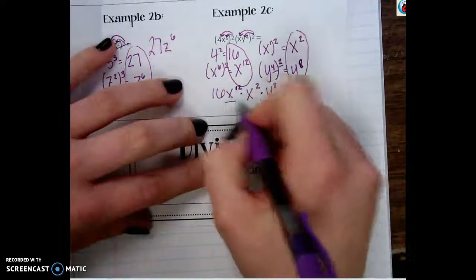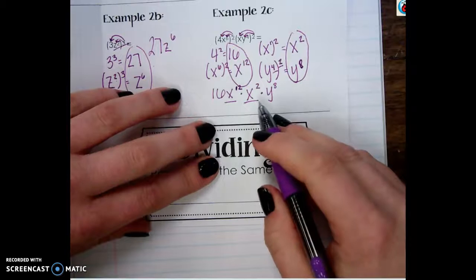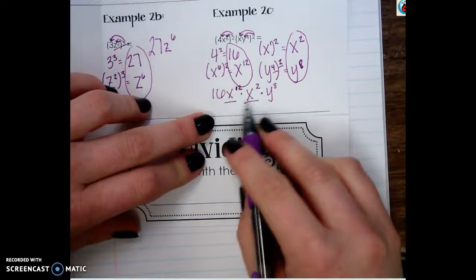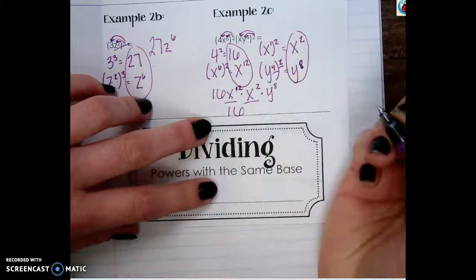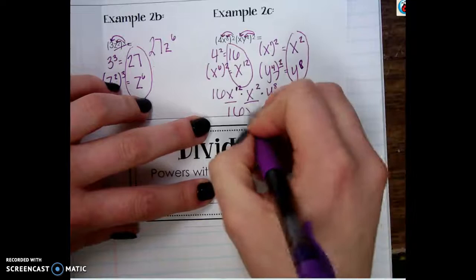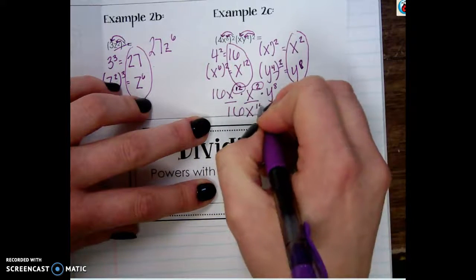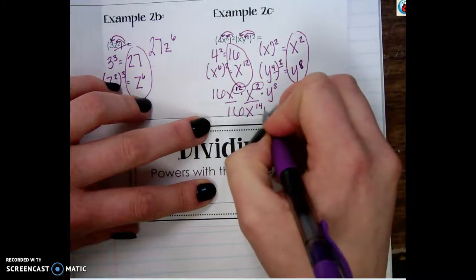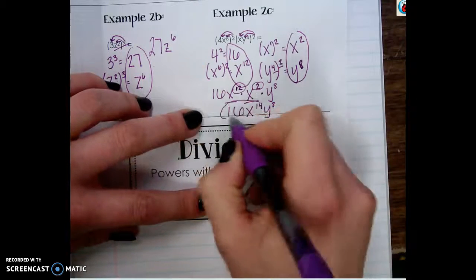Well, now we're going back to what we originally did, the multiplying rule. Our multiplying rule, or the product rule, is just to keep the base and add the exponents. I didn't touch the 16, so we're going to keep it. There's a same base of x. I'm going to add my 12 and my 2 to make it x to the 14th. And nothing is changing with that y, times y to the 8th. And that's our final answer there.